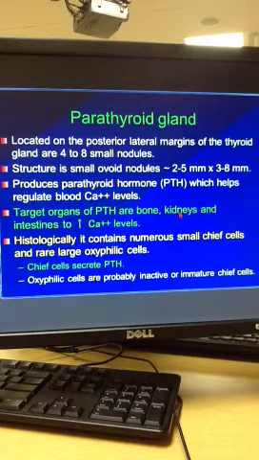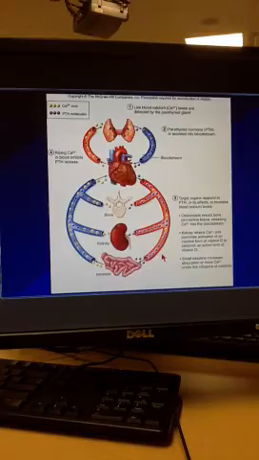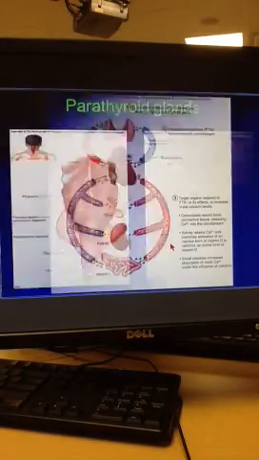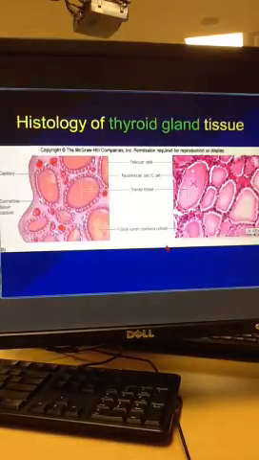It acts on the kidneys to increase the reabsorption of calcium, and acts on the intestines to increase the reabsorption of calcium. And then once the calcium levels come up to their normal level, parathyroid hormone is turned off, and everything is fine.